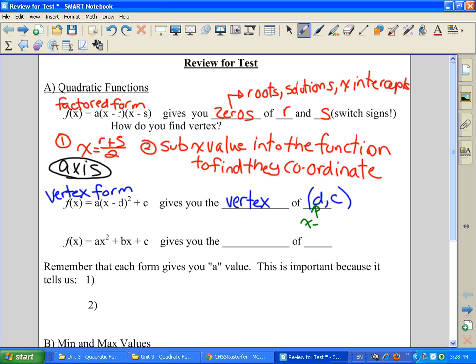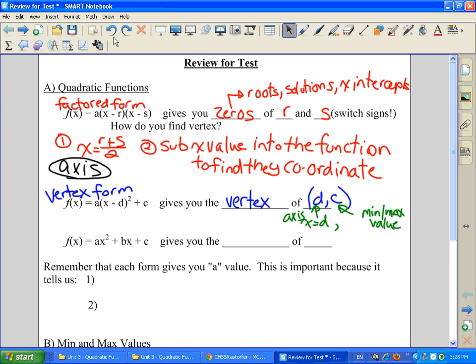So x equals d is your symmetry line, or the axis of symmetry, whereas the y part gives you your min or max, or what we call optimal value. So again, this is your axis and your min, max, or optimal value. That's the easiest form to get your vertex from, gang.